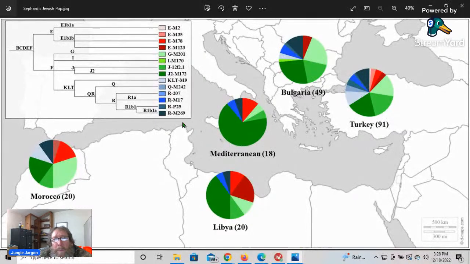So none of these populations here have a T in their population. This dark color here is R1b. So that's R1b there.